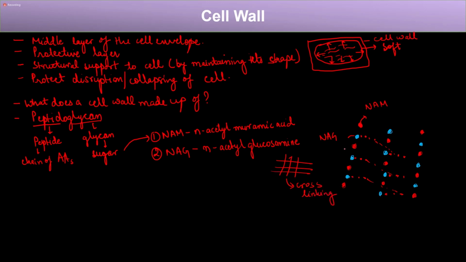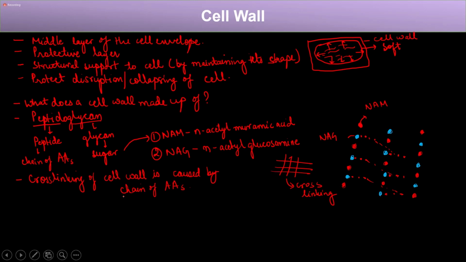Now if someone asks what is responsible for this cross-linking, the cross-linking of the cell wall is caused by the peptide or protein chain, the chain of amino acids. This chain of amino acids is responsible for cross-linking, which leads to cell wall formation.